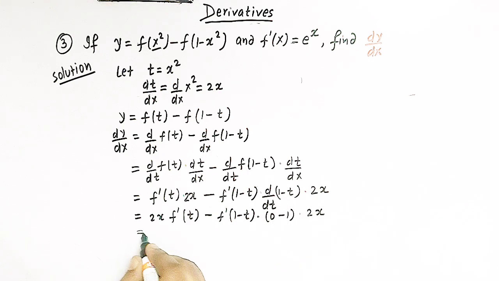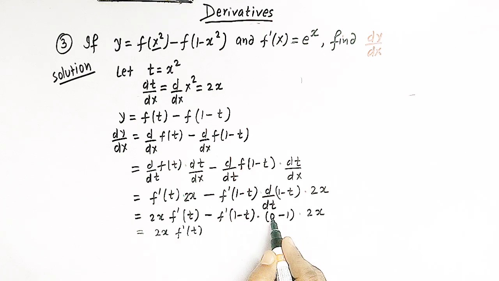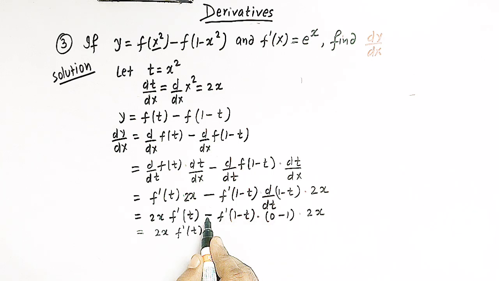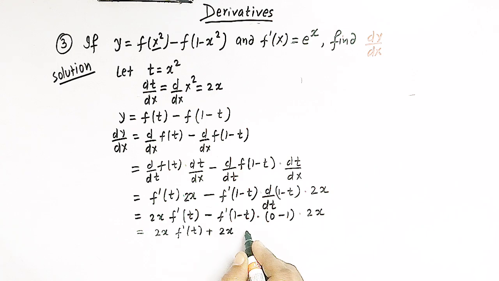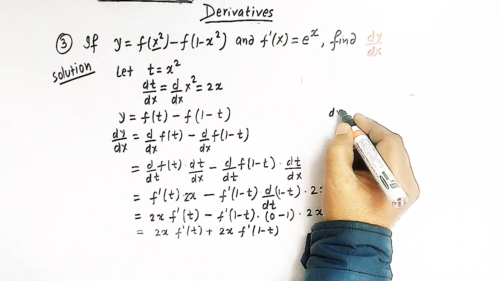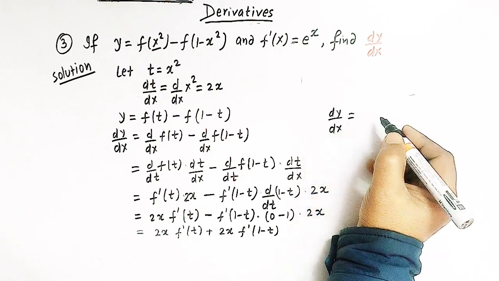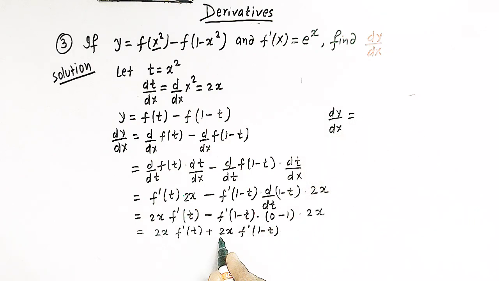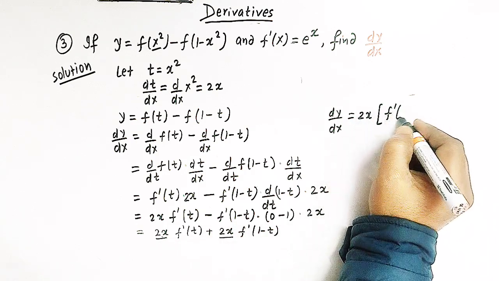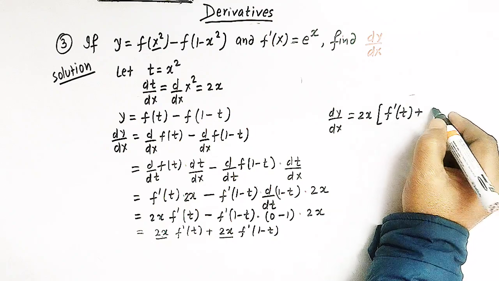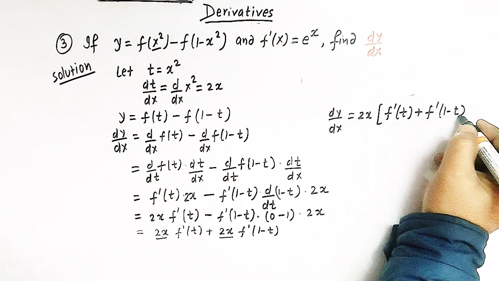So now we can write 2x f prime of t, and this 0 minus 1 is minus 1, and when we multiply minus 1 with this negative, it becomes positive, and we have 2x and f prime of 1 minus t. So now dy over dx can be written by taking 2x common: 2x times f prime of t plus f prime of 1 minus t.